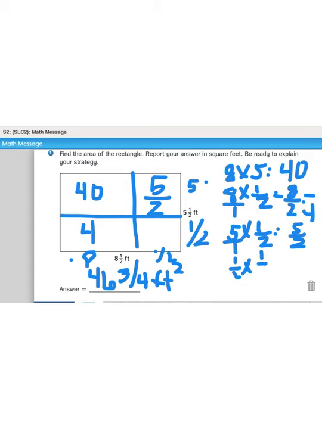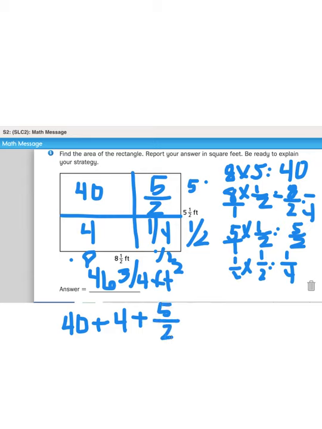We already did that one. Which would give us the answer 1/4. So we're going to put that in this box here. Then we need to add all of these numbers together. These different areas, 40 plus 4, plus 5/2 plus 1/4, which is going to give us 44.